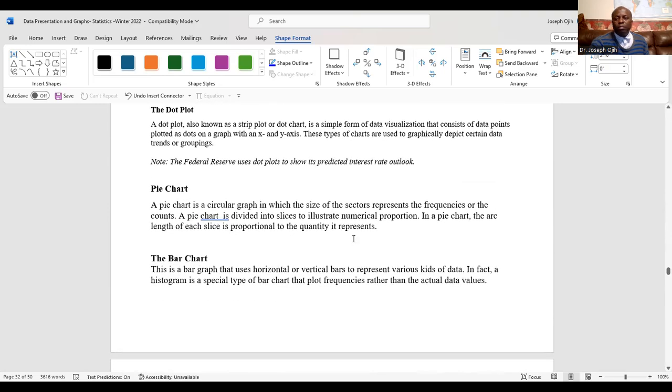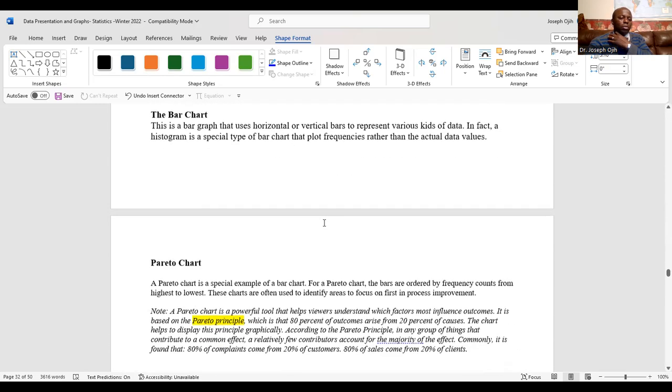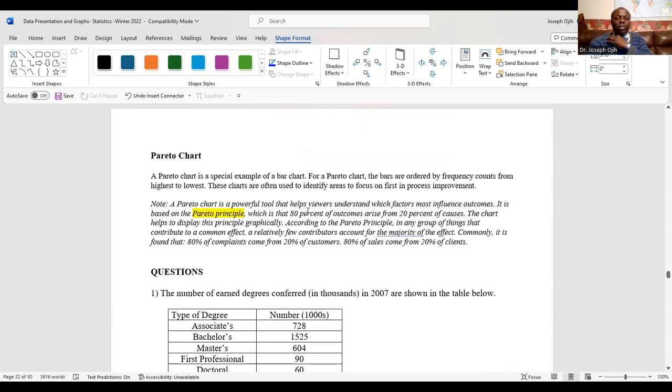Now a Pareto chart is a type of bar chart, but in a Pareto chart, you arrange them in order from the largest to the smallest. In a bar chart, you don't do that. So a Pareto chart is a special type of bar chart where you put the frequency counts in order from the largest to smallest.